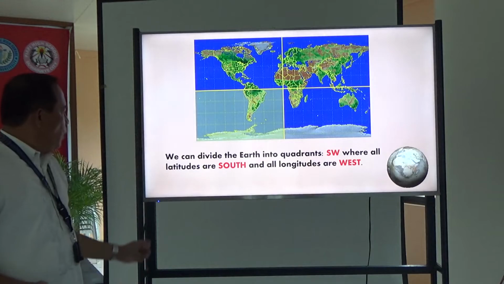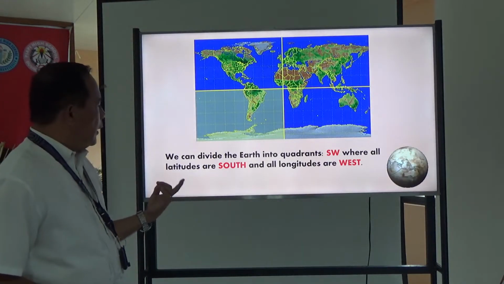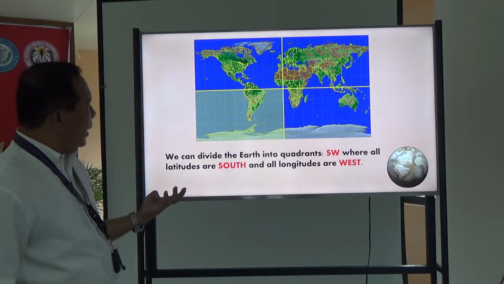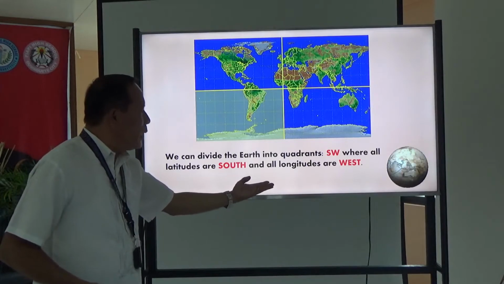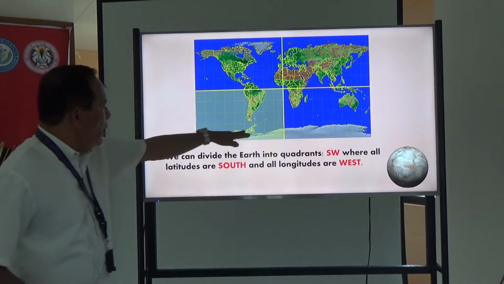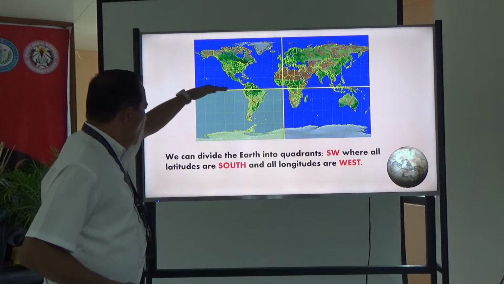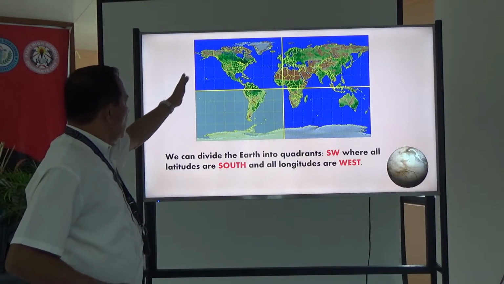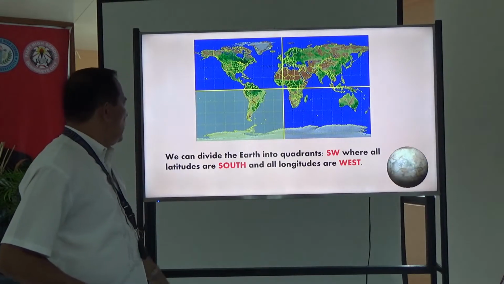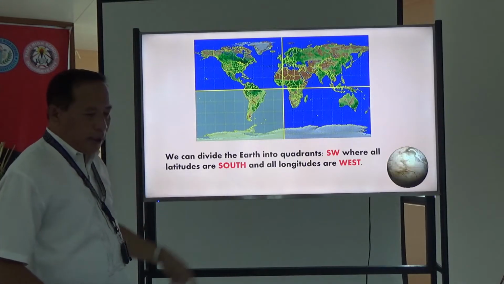Okay. Next, we can divide the Earth into quadrants, as I said. Another one is southwest, where all latitudes are south and all longitudes are west. Okay. So, south here, while going to southwest, and all longitude are west. Okay?